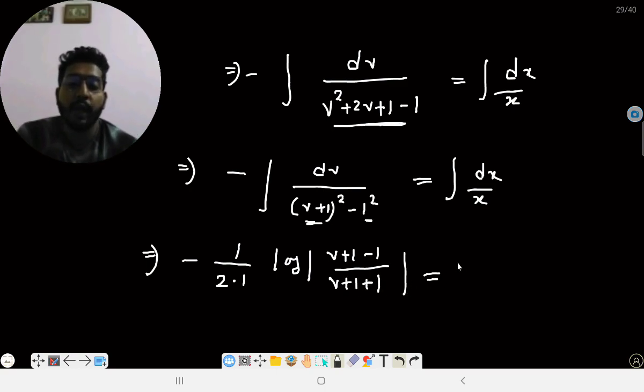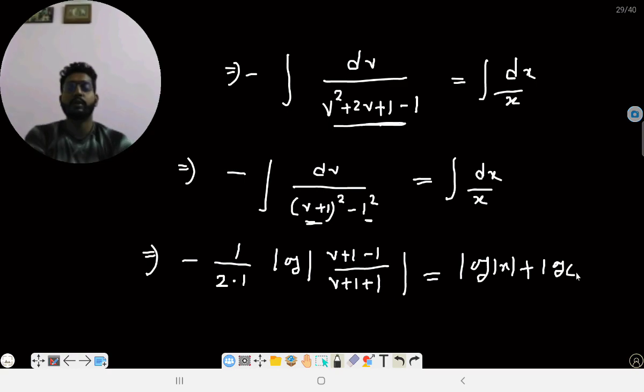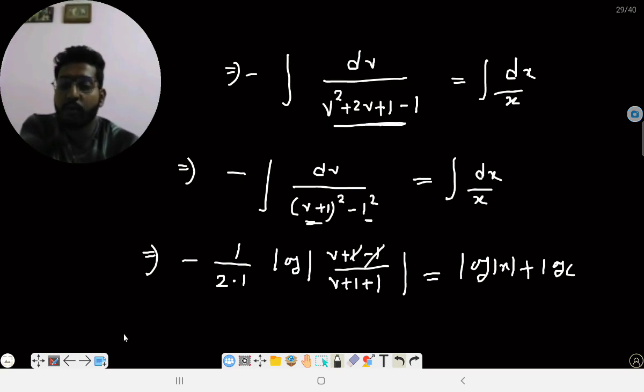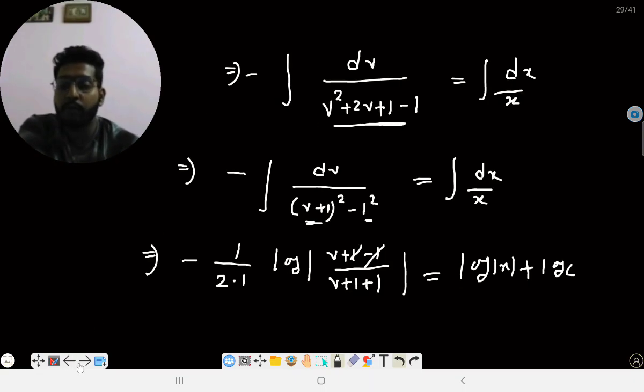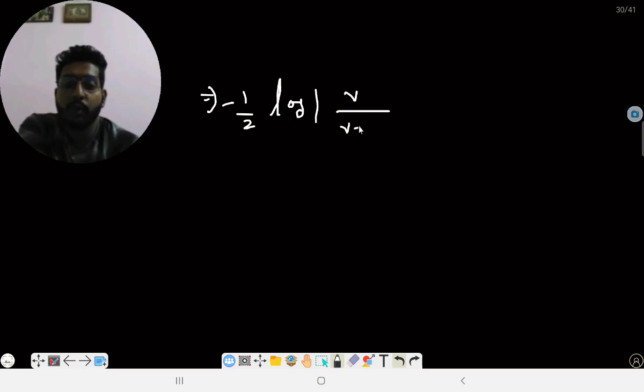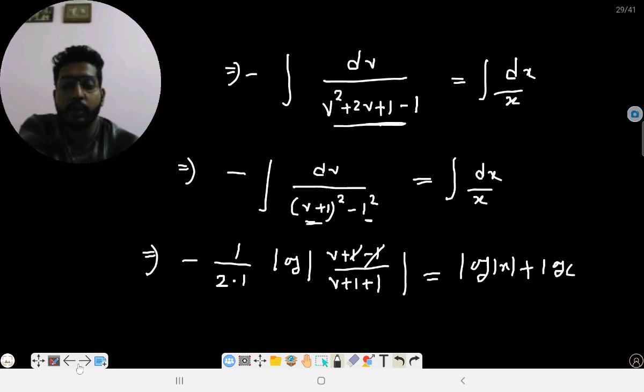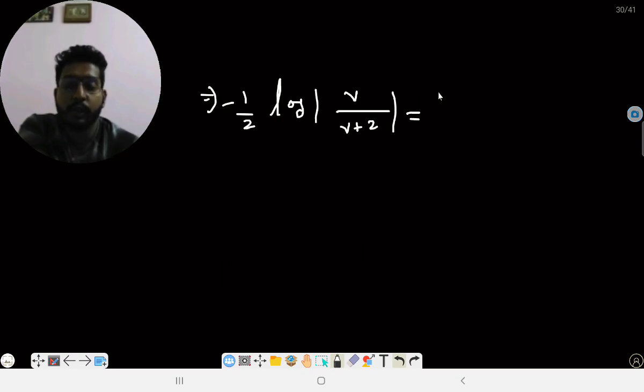And integration of dx by x is log mod x, and you can take the constant as log c. So you can see 1 cancels out, and that will become minus 1 by 2 log mod v by (v plus 2) equals log cx.